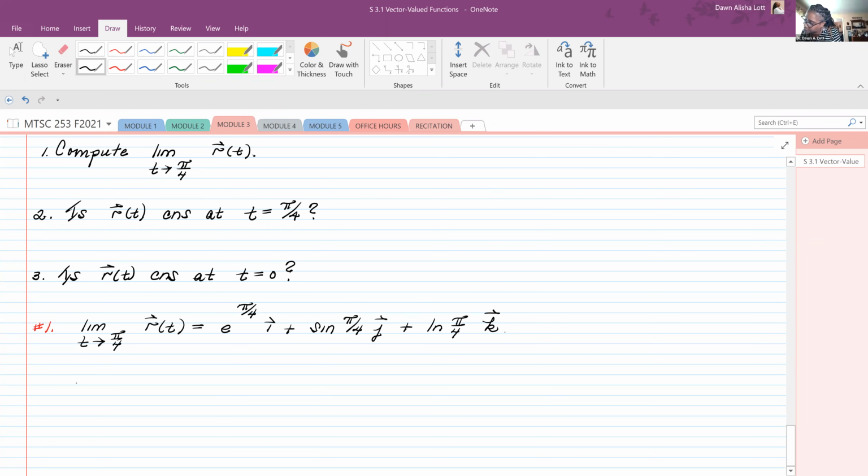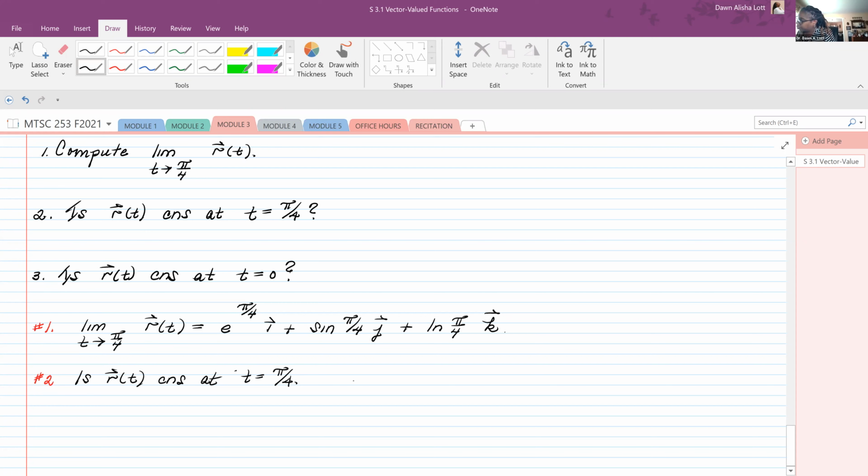So is r of t continuous, number 2, at t equal pi over 4?